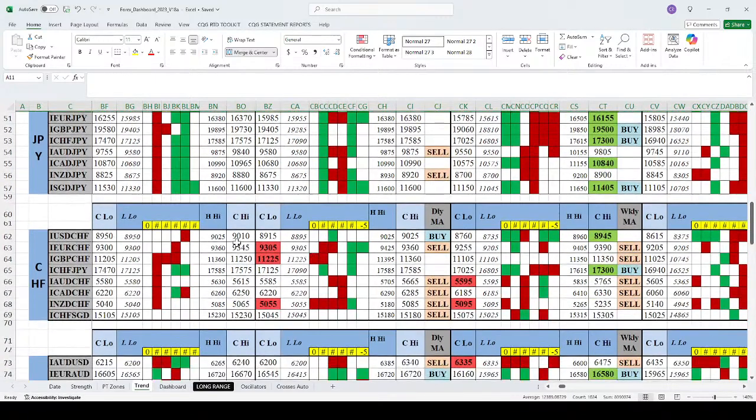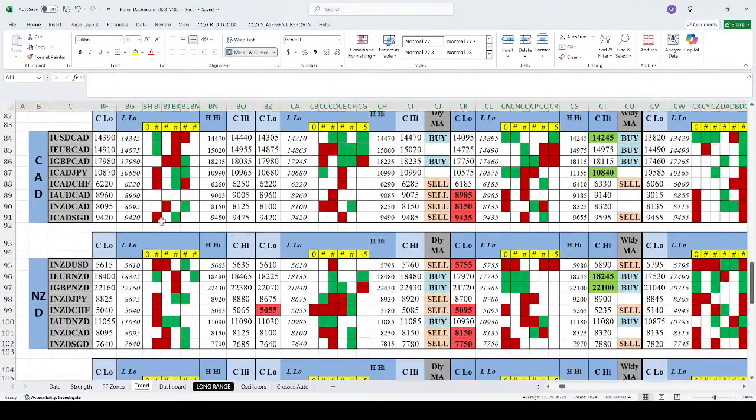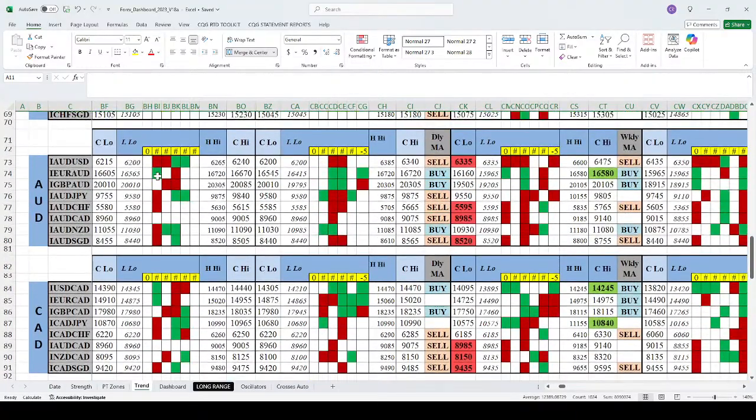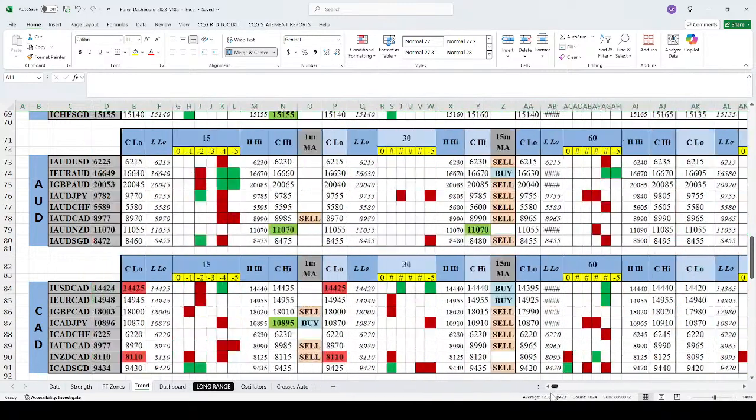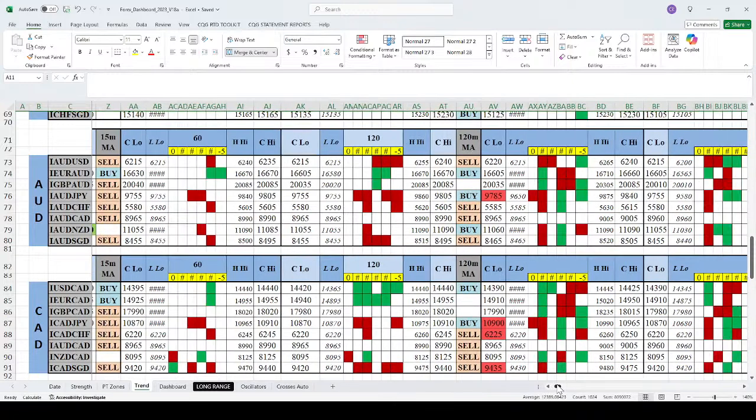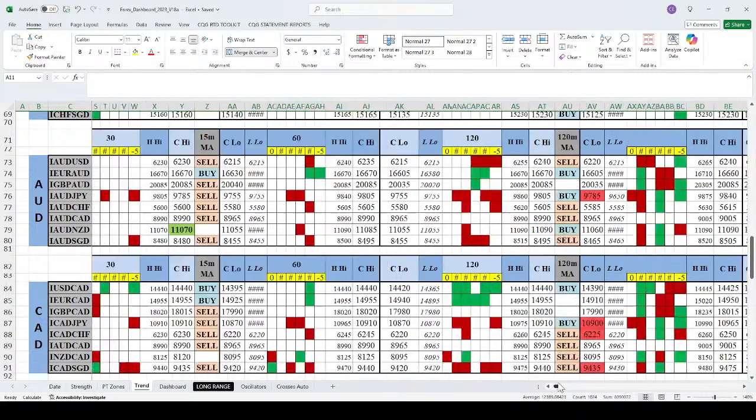If you look into dollar CAD, your 360 is not giving us any signal yet, and your 120 also, we are not getting any clue from here.